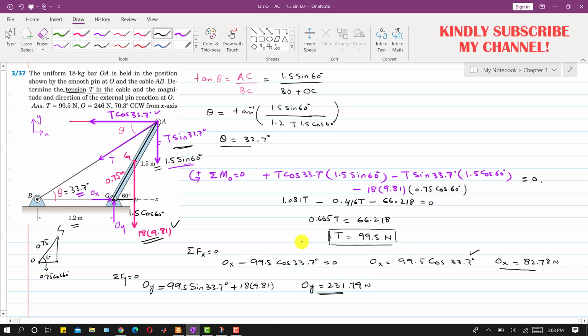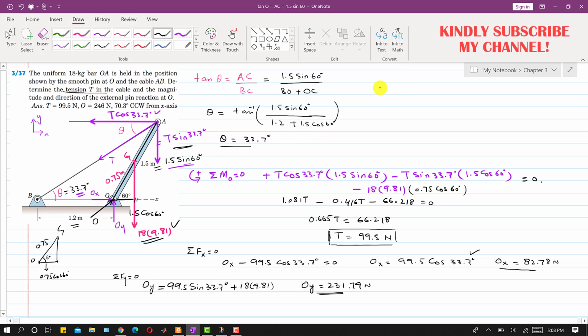Since we are asked to determine the magnitude of the reaction at point O, if we represent that reaction, it will be acting like this, right? OX and OY are the components of the total reaction. So let's say that the total reaction is O, right?